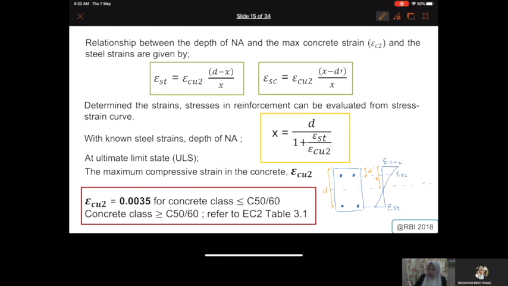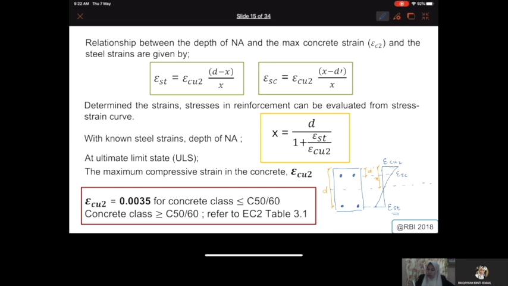Okay, so when we want to calculate the strain ST, the issue is we don't know what the strain contributed by steel at tension is, and what the strain of the steel at compression is. So what we can do is equate the triangles that we have for our strain.